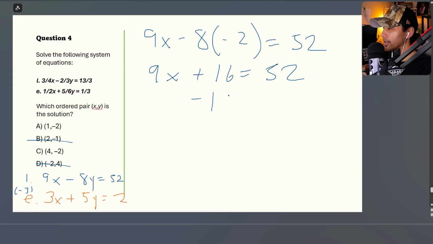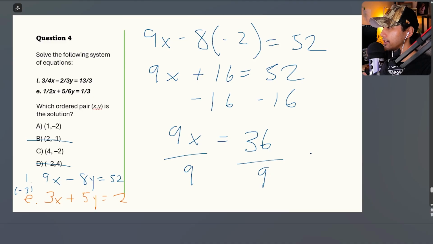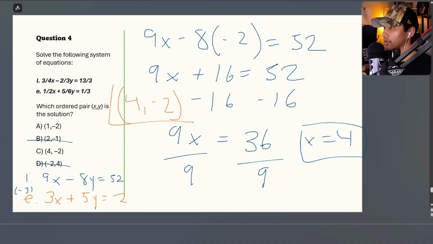But for the sake of the video, we're tracking forward. And that's 9x equals 52 minus 16, which is 36. Divide by 9, divide by 9, x equaling 4. Then the ordered pair is 4, comma, negative 2. And that's answer choice C.